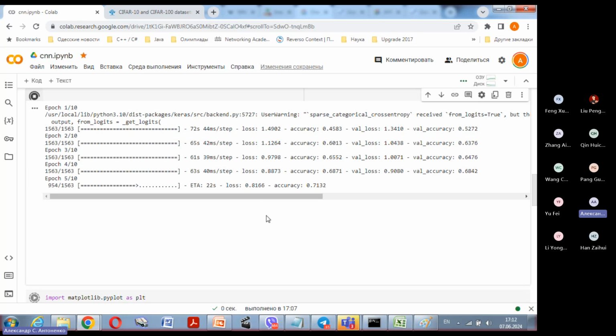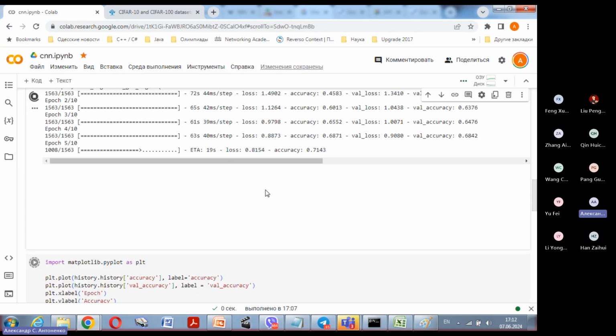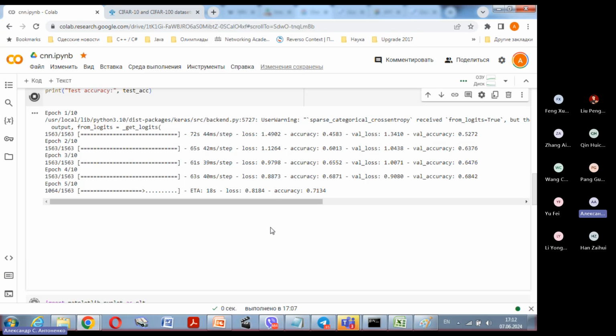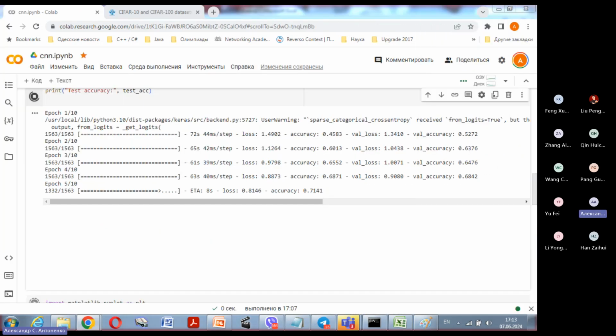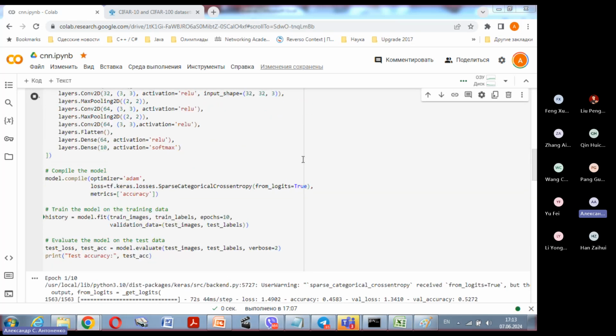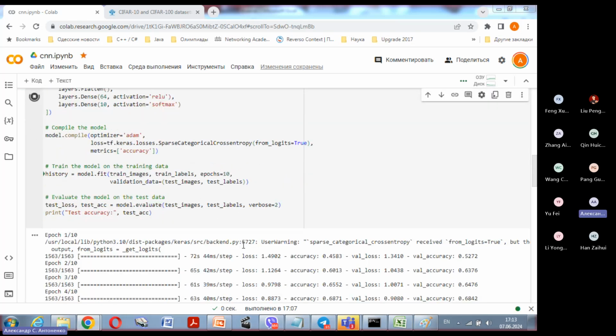So we need to wait for epoch number 10, and actually, I use softmax. So it says that sparse categorical cross entropy is not the best for softmax.